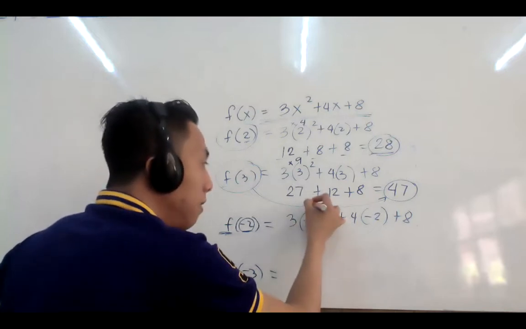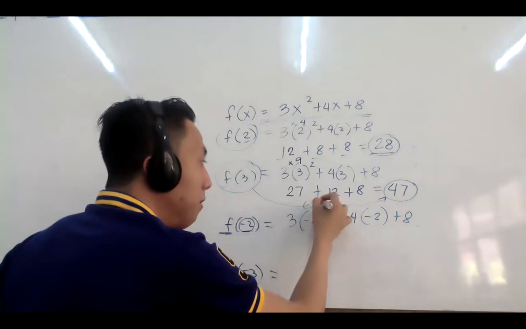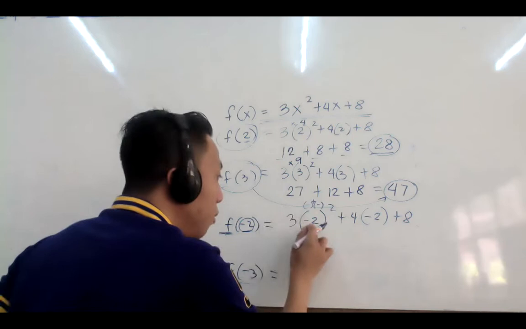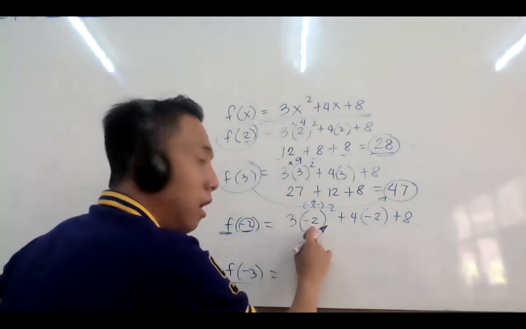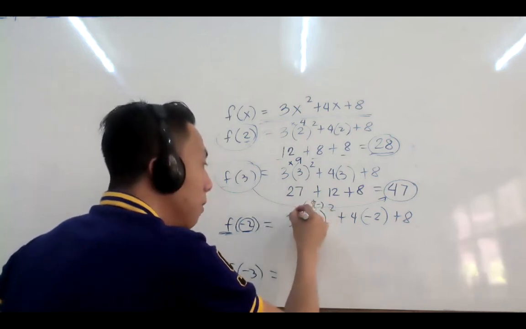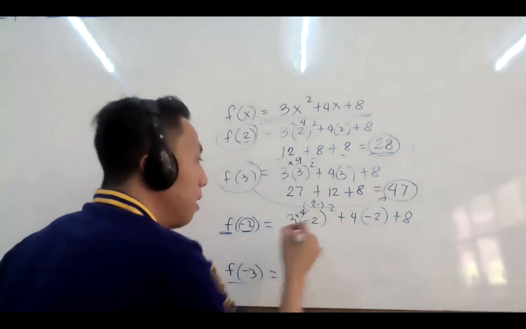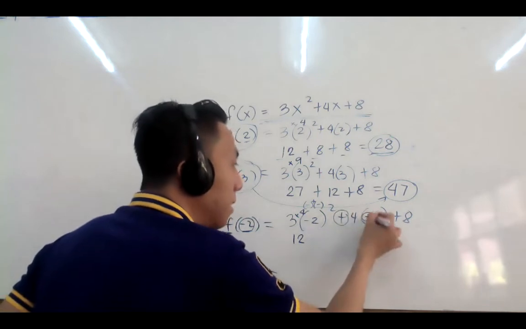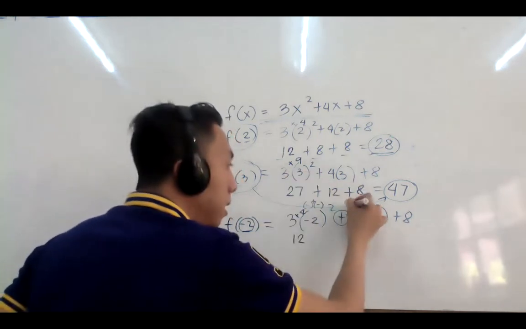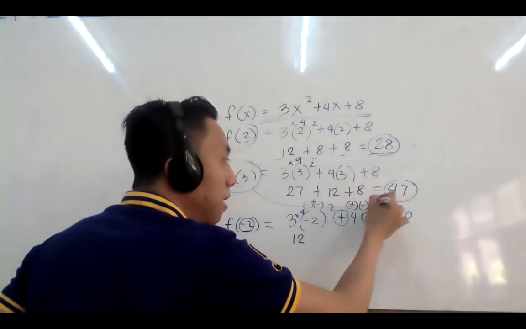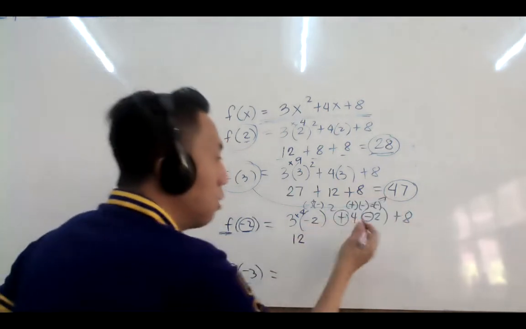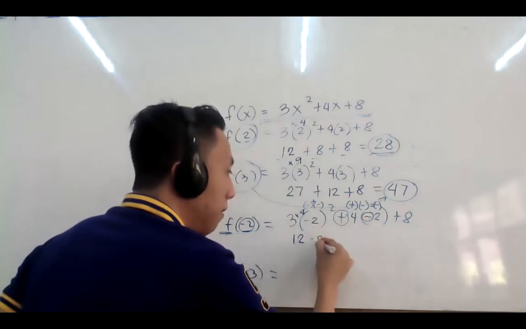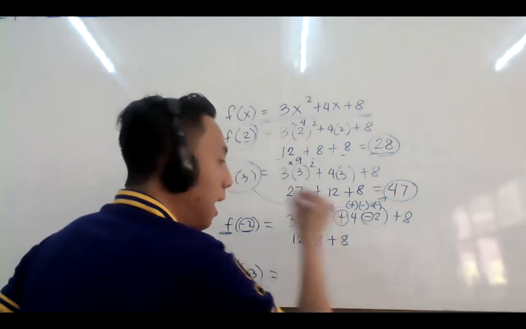Since negative times negative is positive. Correct? So negative 2 times negative 2 is positive 4. And then 4 times 3, we have 12. Next, positive 4 times negative 2. Positive times negative is always negative. So 4 times 2 is 8. Negative times positive is negative 8 plus 8.